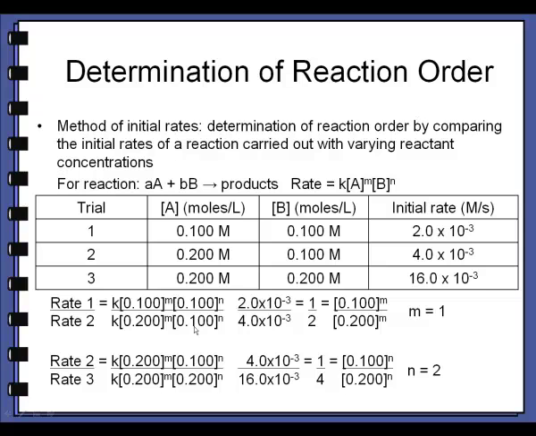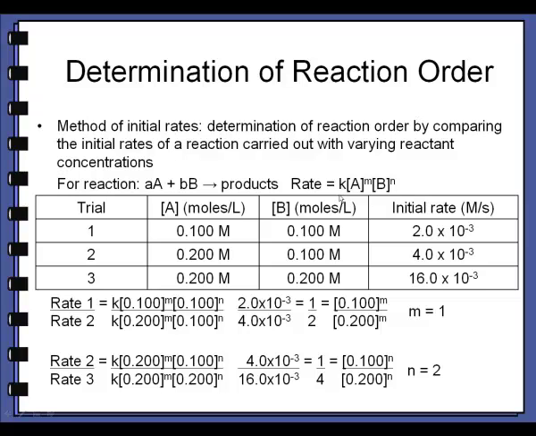So the method of initial rates is basically looking at experimental data and identifying the value of K, M, and N by looking at different experiments where there are some things that are going to be held constant. Okay, so let's say I have this theoretical reaction here where we go back to what we had before, A, B, making products, and this is our rate law.